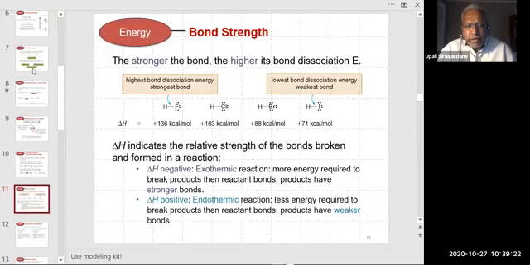Bonds are broken in the reactants. Bonds are formed in the products. So the reaction is exothermic when more energy is released forming the bonds than is required to break the bonds in the reactants. Products have stronger bonds.